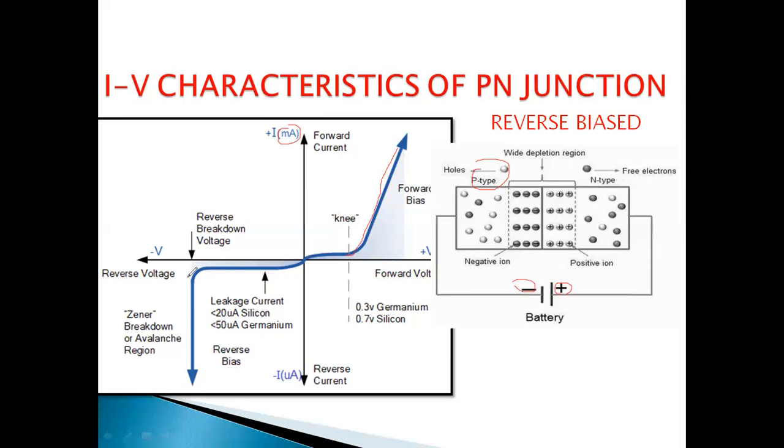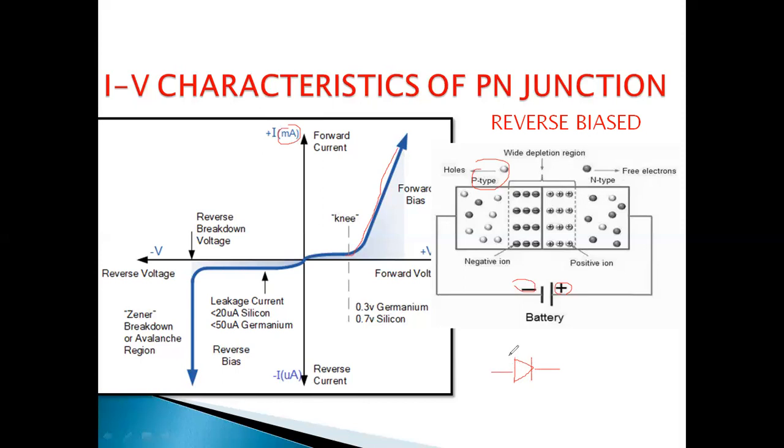This is the basic component of a semiconductor device, and this semiconductor device will be represented in a symbolic manner like this. This is the symbolic representation of a diode. I think everyone knows about the symbolic representation.